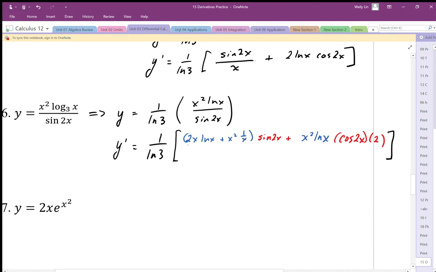And then this is going to be minus because that's going to be the quotient rule. So here's my product rule here. Here's the numerator of the quotient rule. The quotient rule involves squaring the denominator and not doing anything to that. So there's my derivative.